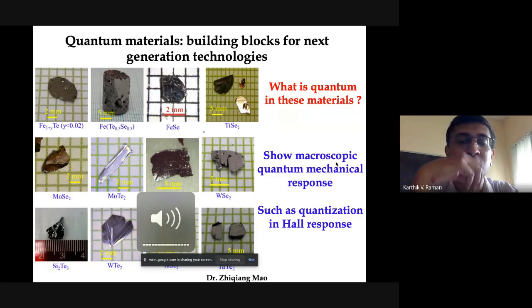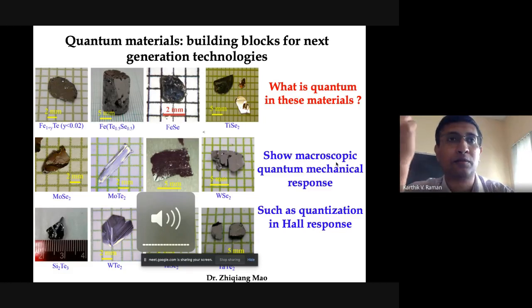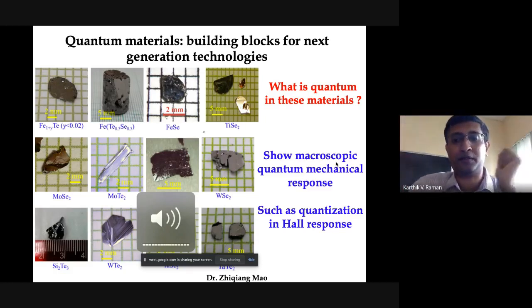The reason is that some macroscopic property of these materials shows a quantum mechanical response. This could be, for example, quantization of the Hall response in bulk crystals, or dissipationless transport, which cannot be explained classically, but quantum mechanically gives rise to extremely high transport without dissipation.